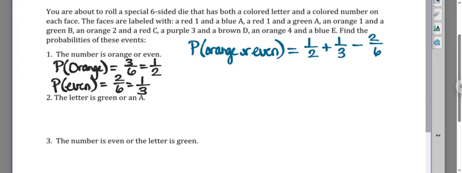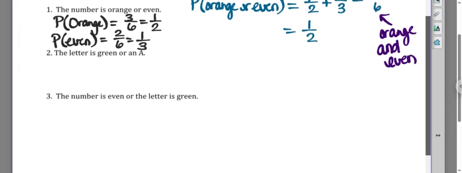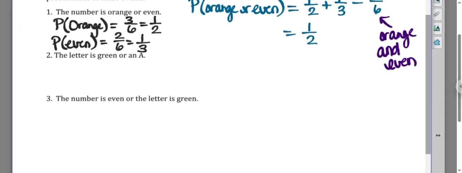So when we figure all that, what does it leave us with? 1/2. Again, this last part, orange and even. See what you can do with those last two.